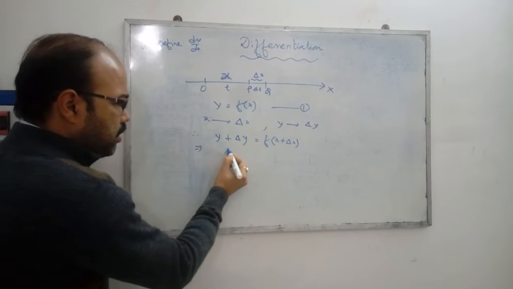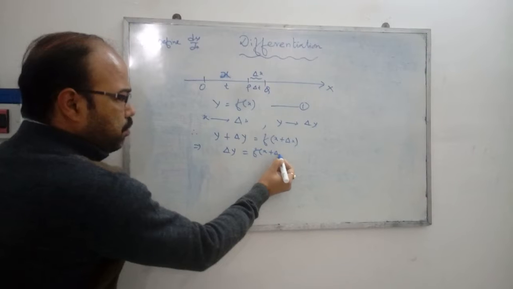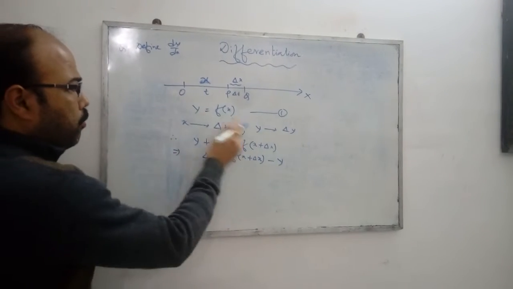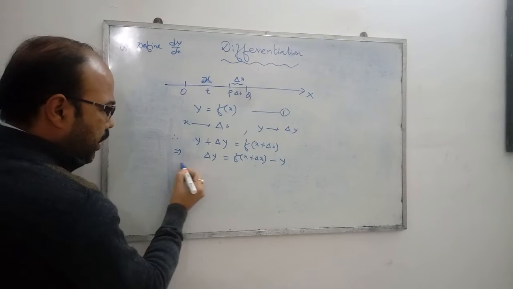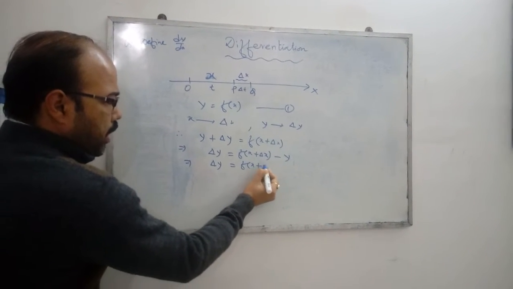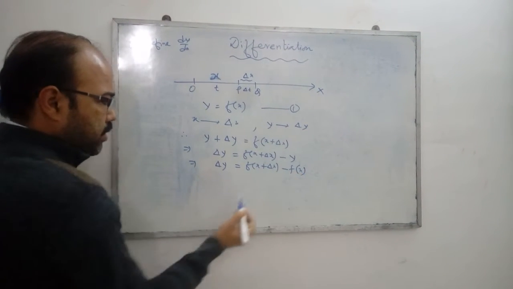This implies delta y is equal to f of x plus delta x minus y, where y is equal to f of x. Therefore, delta y is equal to f of x plus delta x minus f of x.